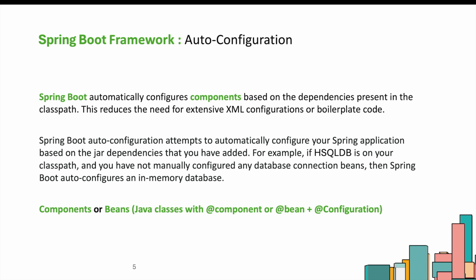In Spring, we define a class as a component by using the @Component annotation. @Bean we can also use with the @Configuration annotation. I'm going to explain more about these stereotype annotations in the future.